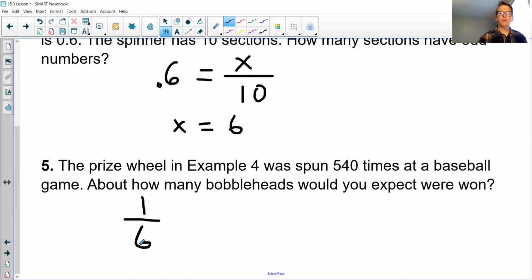And we are told that we're spinning the wheel 540 times. So we multiply 1/6 times 540, and that gives you 90 bobbleheads.